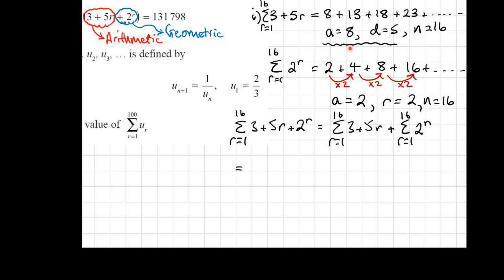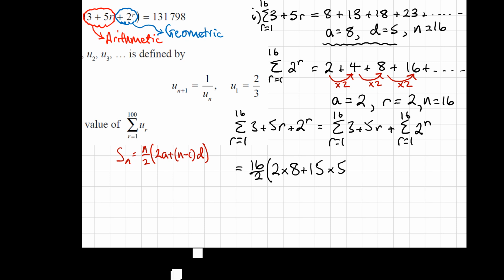For the arithmetic bit, I'll use the formula, the sum of n terms is n over 2 times 2a plus n minus 1 d. So the sum of 16 terms will be 16 over 2 and then 2 times the first term, that is 8, plus n minus 1, that's 15, times d, the common difference, which is 5.